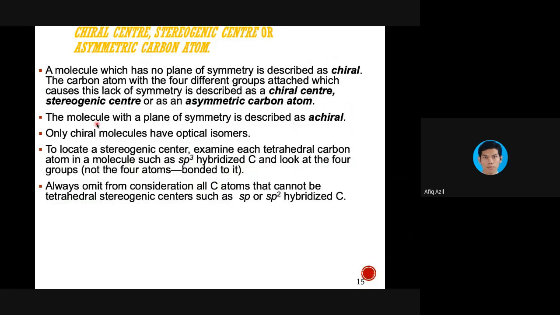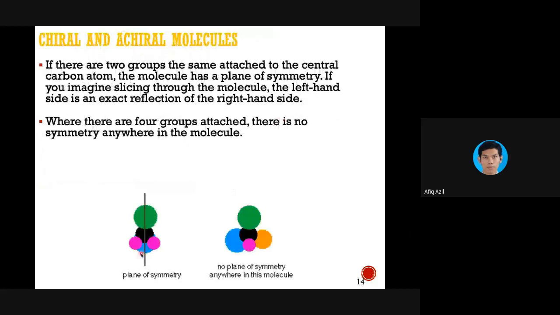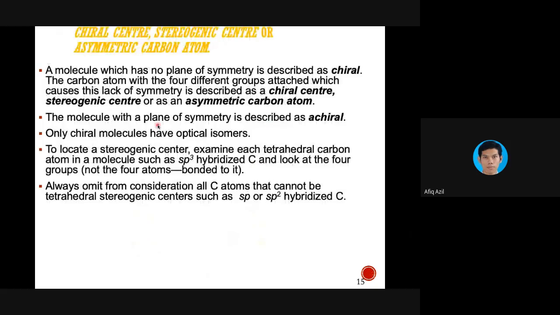A molecule with a plane of symmetry is described as achiral, while one with no plane of symmetry has the ability to be chiral.